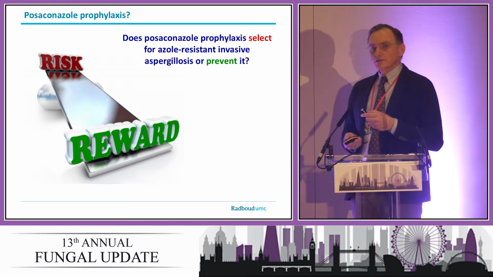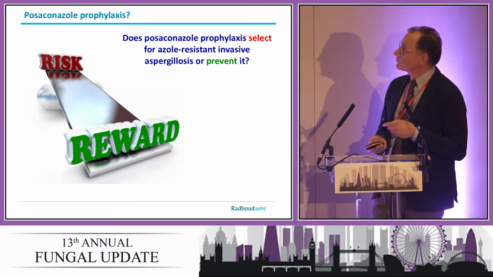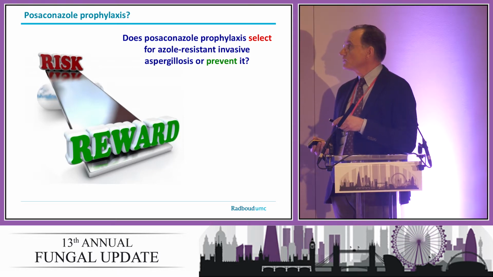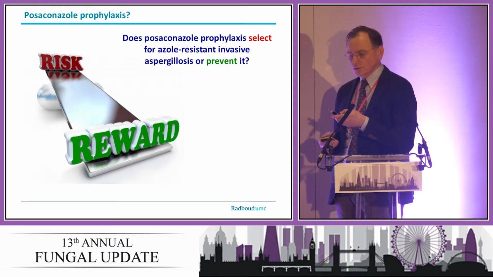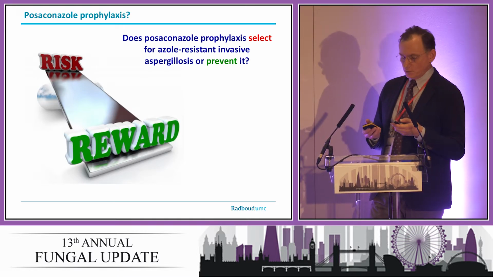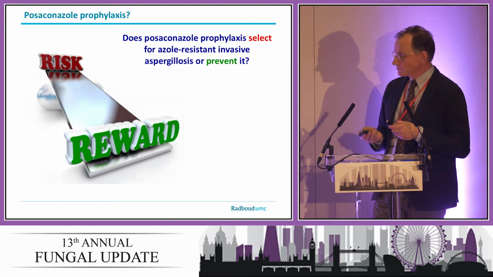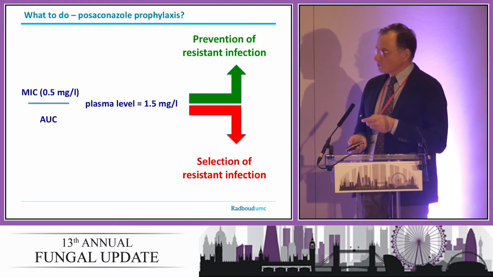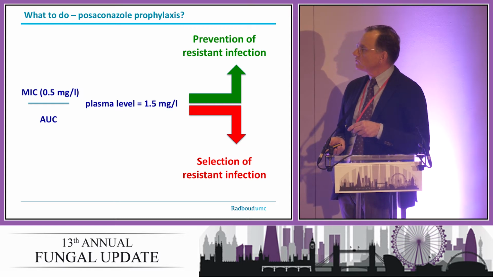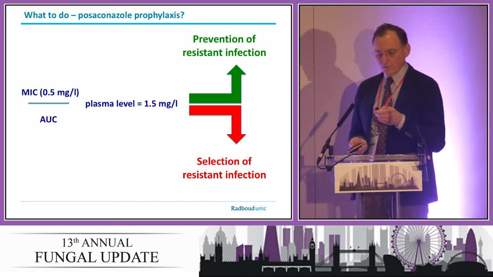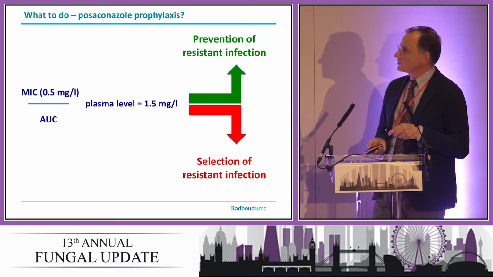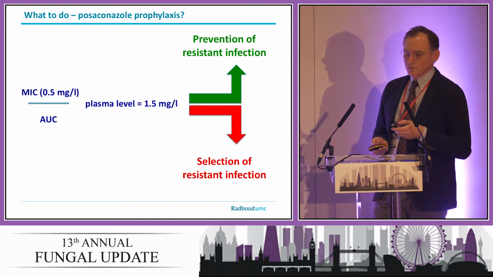So what about prophylaxis? Well, azole prophylaxis with posaconazole, you could say, well, it might be a risk because you might select for resistance, or it might be beneficial if you can prevent resistant infection. So based on animal models, we calculated that you would need a plasma level of 1.5 if you use posaconazole as prophylaxis to prevent resistant infection, because most isolates have an MIC of 0.5 for posaconazole.